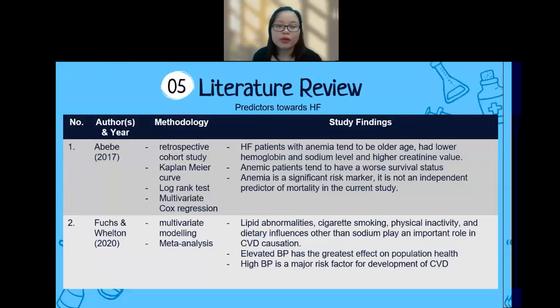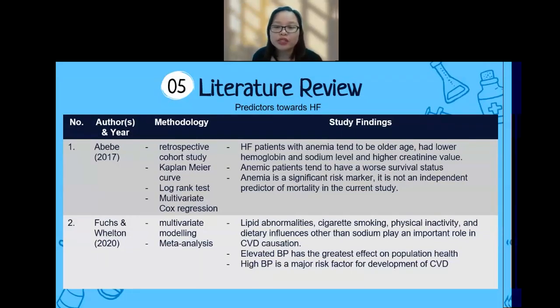So an author used the methodology of a retrospective cohort study, Kaplan-Meier curve, a log-rank test, and multivariate Cox regressions to evaluate the predictors. From the study, we can find that heart failure patients with anemia tend to be older, had lower hemoglobin and sodium levels, and higher creatinine values.